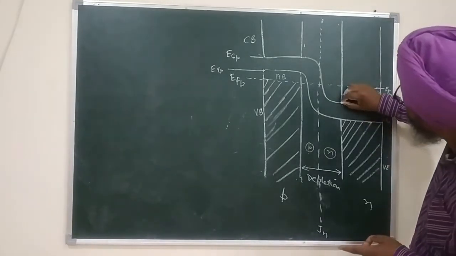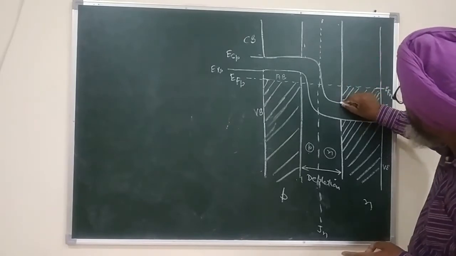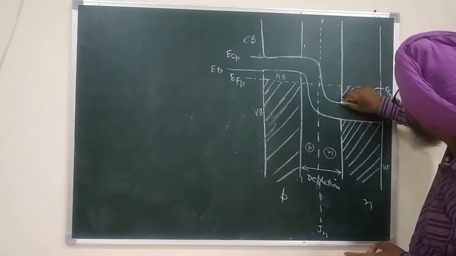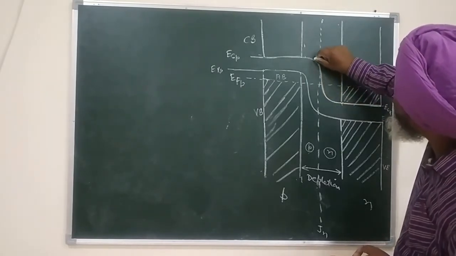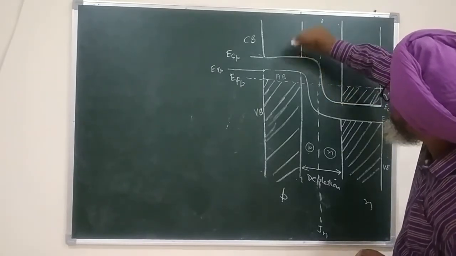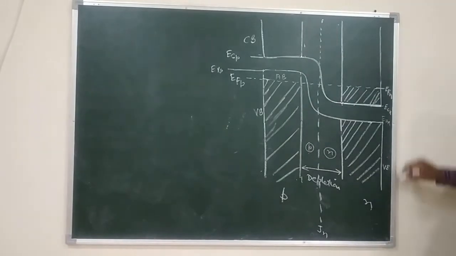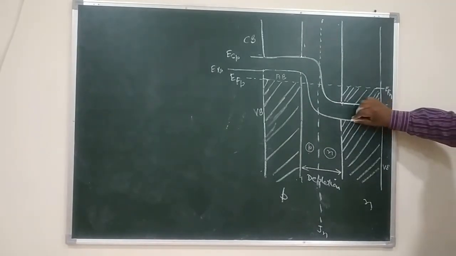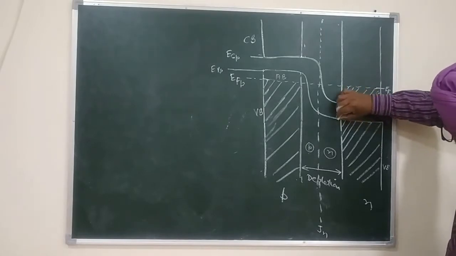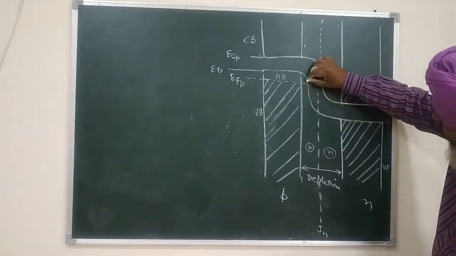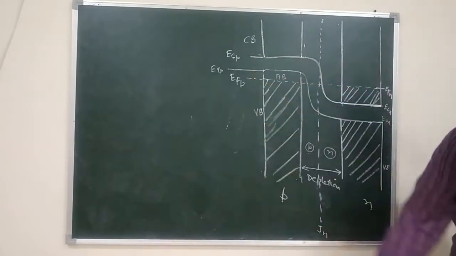But as soon as you enter this region, kindly remember this is ECP, ECP has started increasing, and after increasing it again becomes saturated. Similarly, EVN, up to this point it remains constant, and as soon as you enter this region it again starts increasing. After increasing it again saturates.